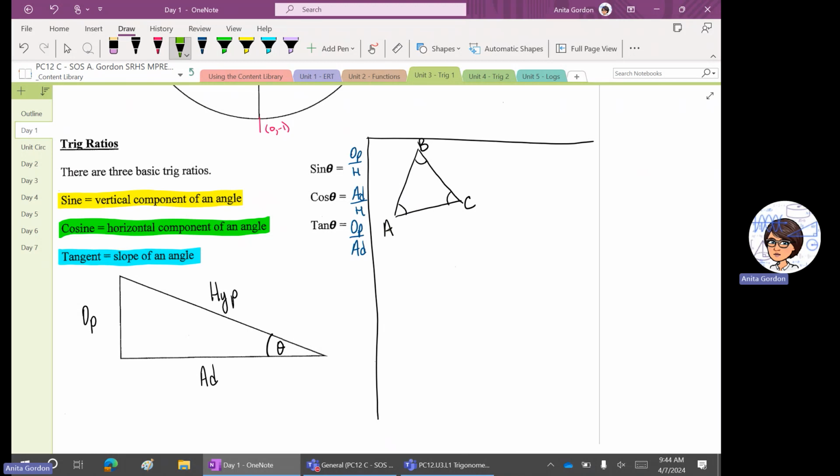So where letter A is across, this side would be called little a, this would be little b, and this would be little c. The other two laws I'm going to remind you of is the sine law.